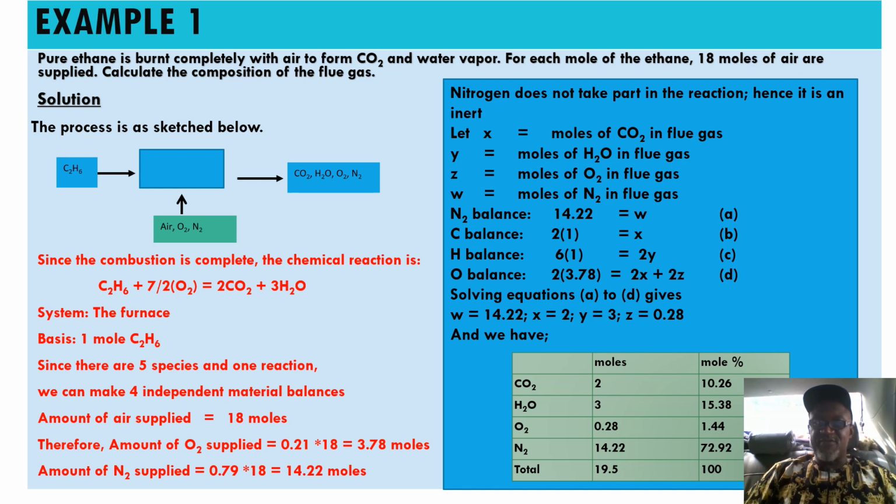Remember, the fraction of nitrogen in air gives us that. And nitrogen does not take part in the reaction, hence nitrogen is an inert. So look at what we've done. You just come down and write this down, and if there's any confusion, then you can ask your question.